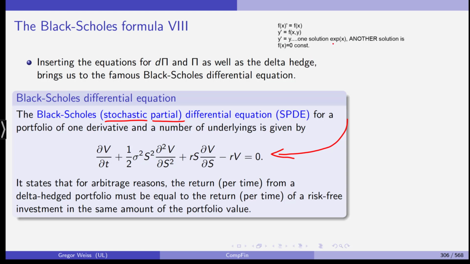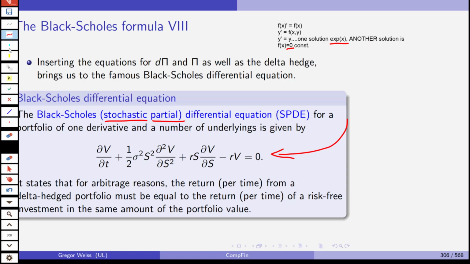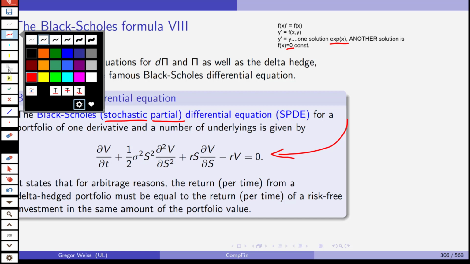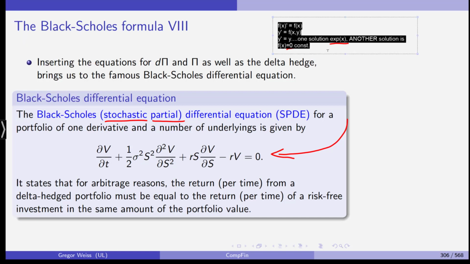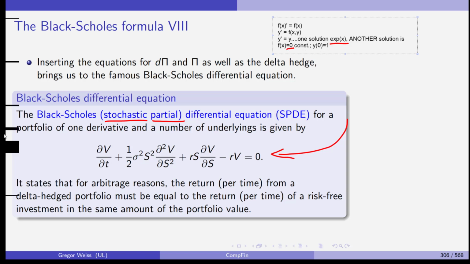Well, you need a starting value. In German, ein Randwert. That is a boundary value problem, possibly, where you then say y of 0 equals 1. In this case, you can see that this has to be the exponential function and it cannot be the 0 function. So we need a starting value to get the solution of such a partial differential equation.